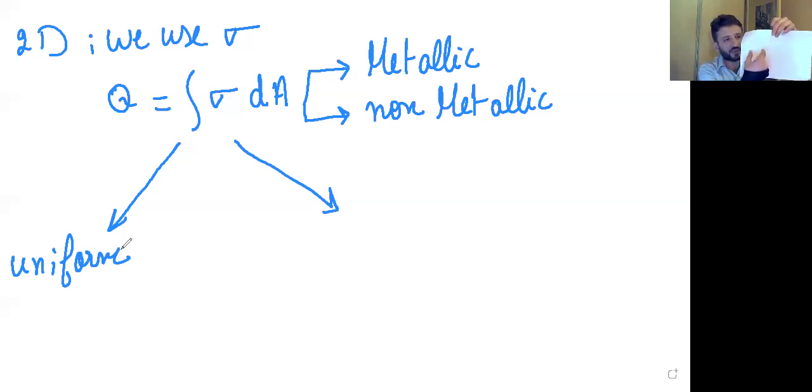On this element, we have, for example, 5 coulombs. Here also 5 coulombs. Here all 5 coulombs. So we can say here we have a constant value of sigma.